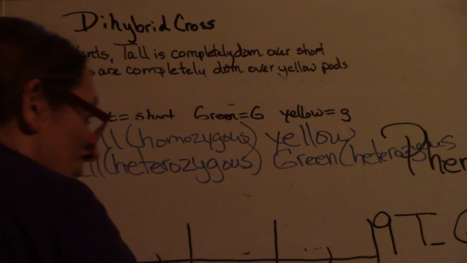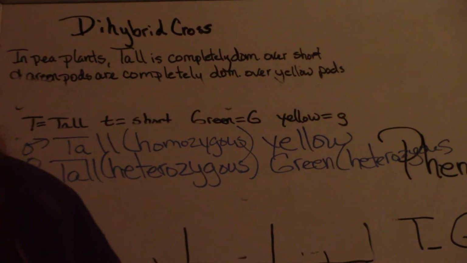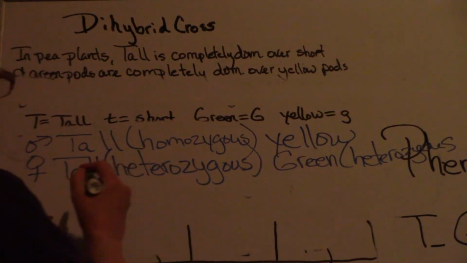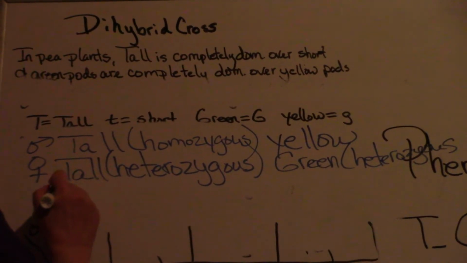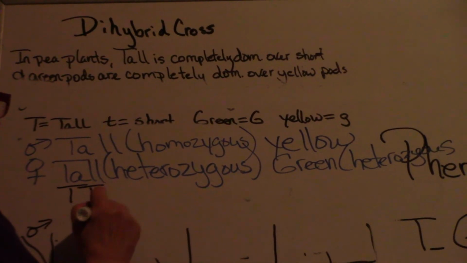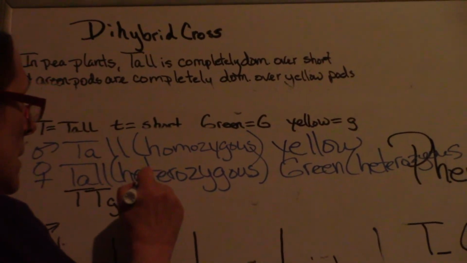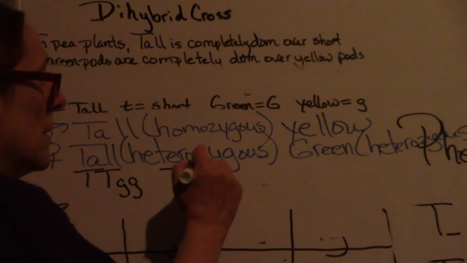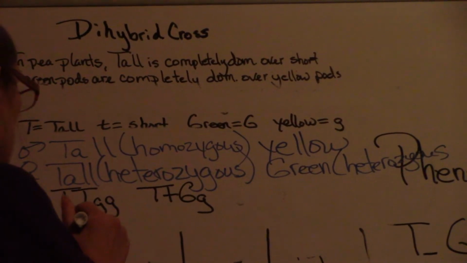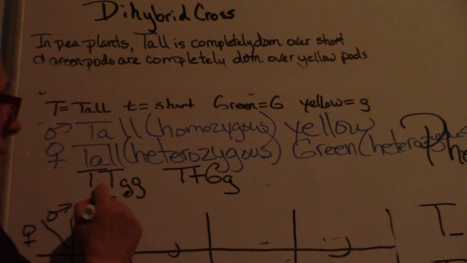Our answer is not going to be 9 to 3 to 3 to 1. So let's look at these gametes now. So we have big T, little g, and we have big T, big G, little g. This one, we take this big T, put it with this G, we get big T, little g.